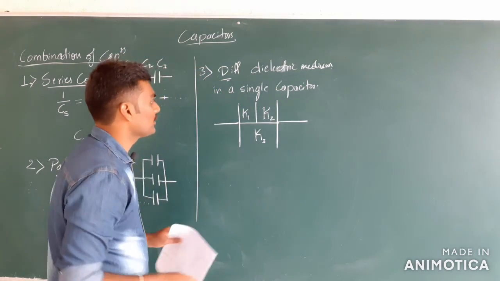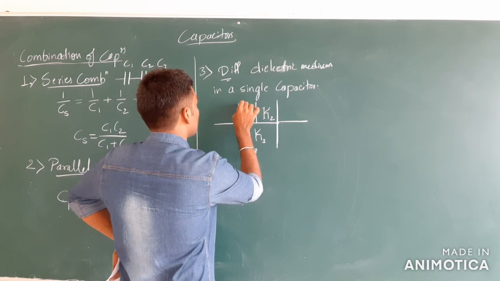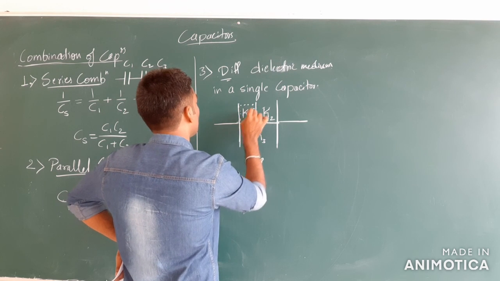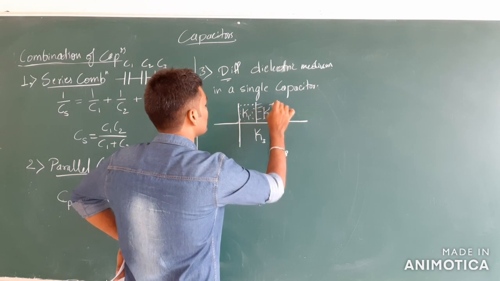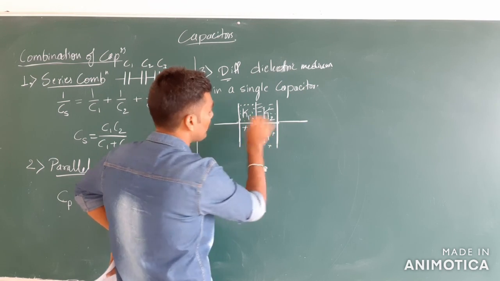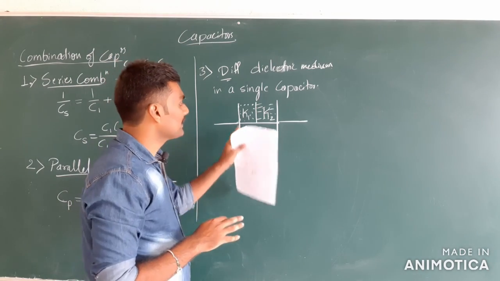So K1 is one medium, K2 is the other medium, and K3 is one more medium. So we have three mediums in a single capacitor.